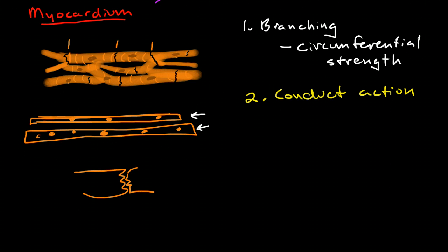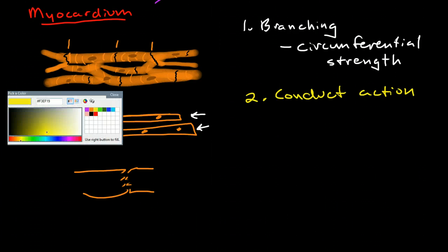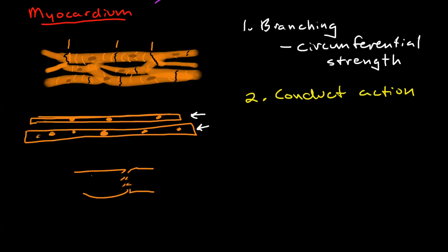So in between each cell there is a series of tiny little pores, and here I'll give you a little cross section. So the action potential can pass from one cell to the next because there is this interconnection here. So ions can freely flow between these cells as if they are all one.